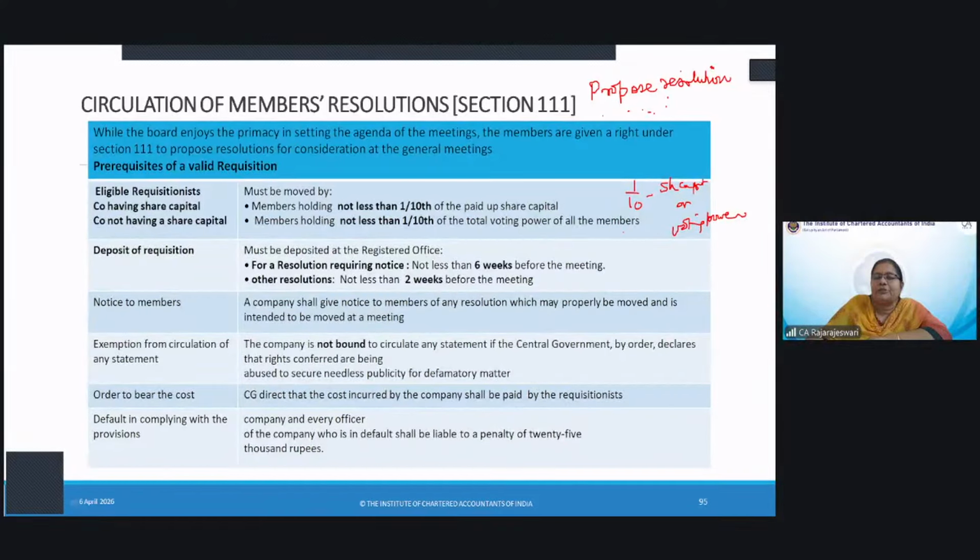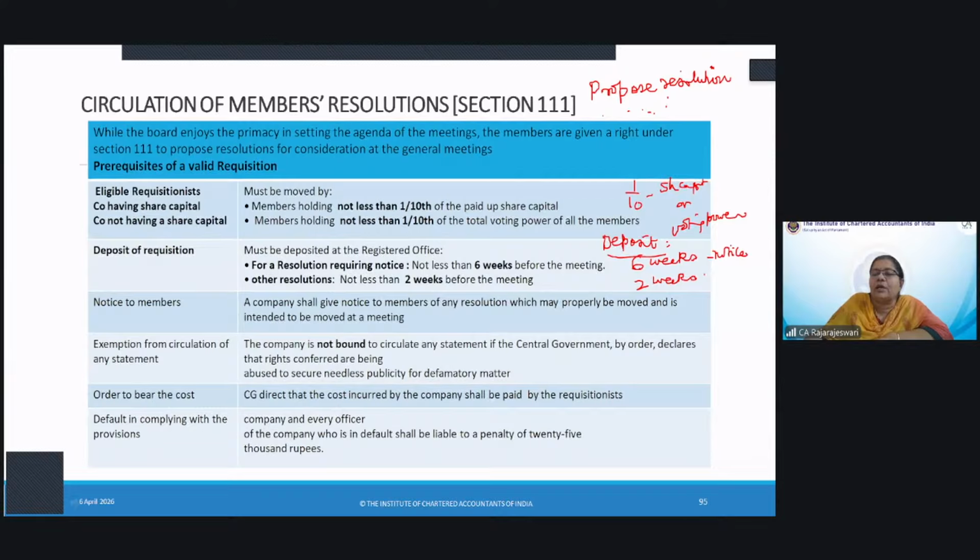For that, what should they have to do? They should have to deposit the requisition, whatever they want to do. For a resolution requiring notice, they should have to deposit it 6 weeks before the meeting. For other resolutions, 2 weeks before the meeting. See, there are certain resolutions which require notice.